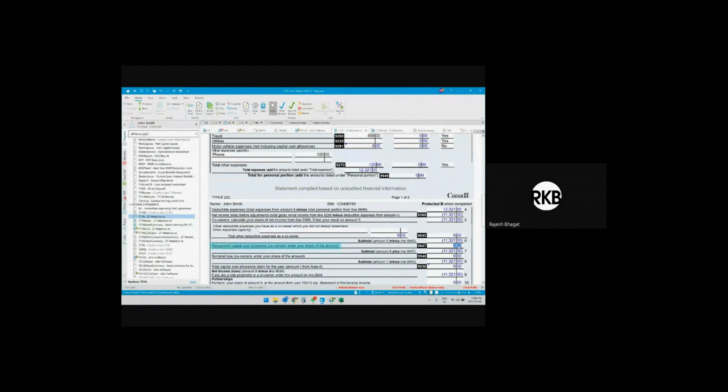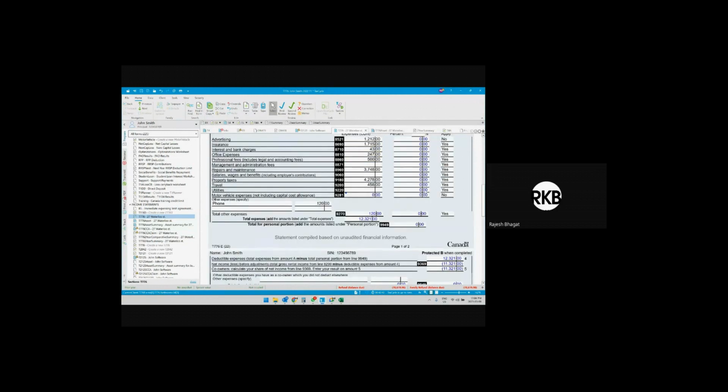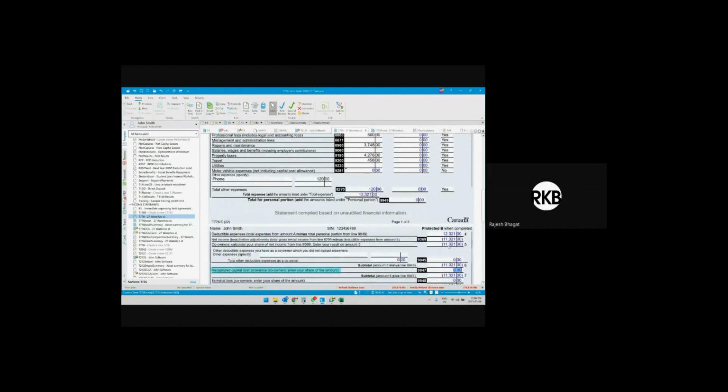He cannot claim a rental loss with depreciation. Yes, if he has a rental loss due to other expenses, he will be able to claim a loss of 11,321, but he cannot increase this loss with any depreciation amount.